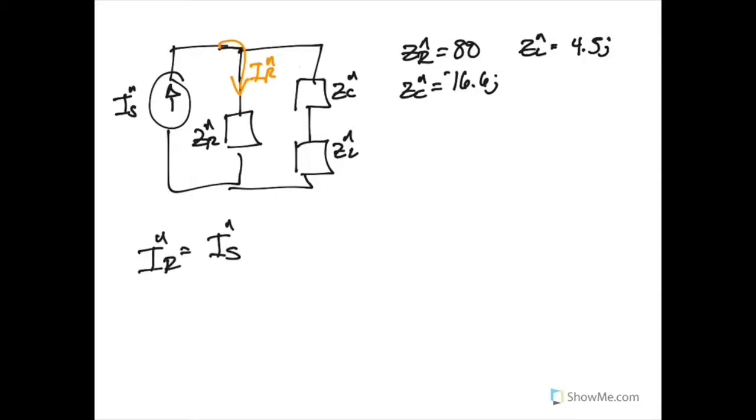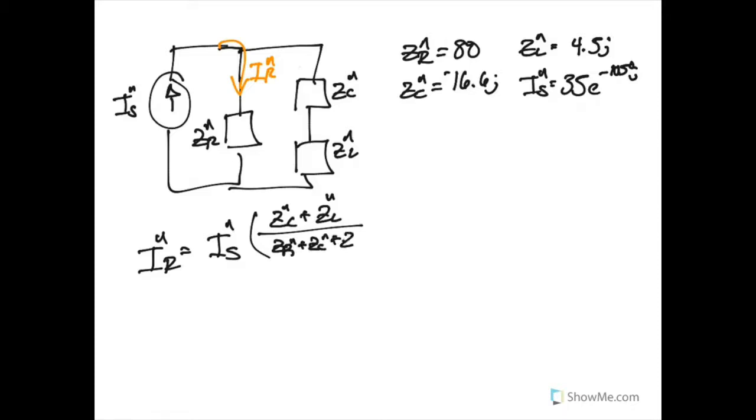And so we can take the phasor of our source and multiply by the other impedances in the circuit. And so this would be the impedance of the capacitor and the inductor over the sum of all of the impedances, so the resistor, the capacitor, and the inductor.